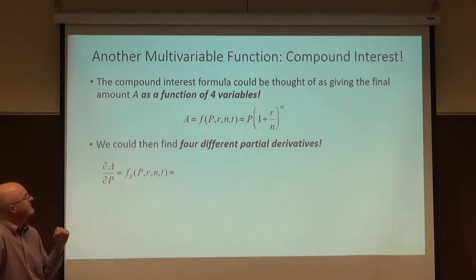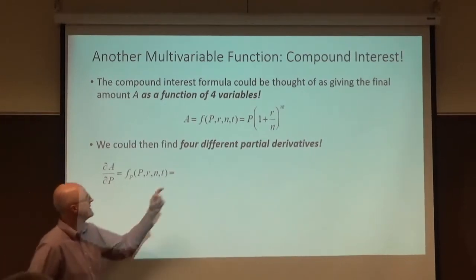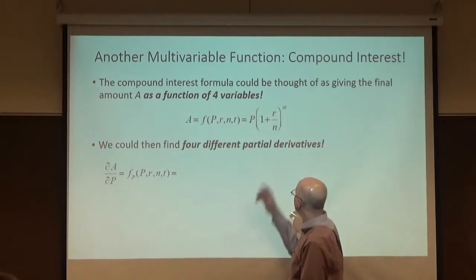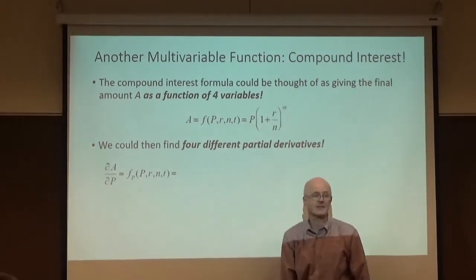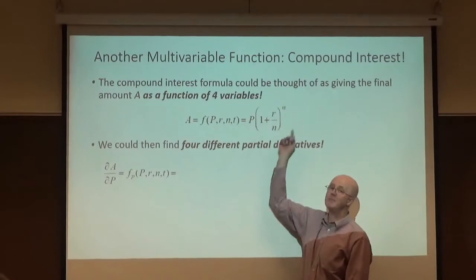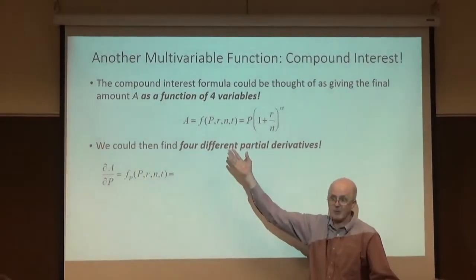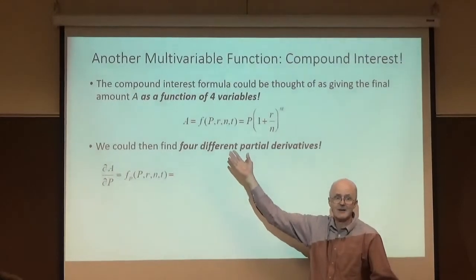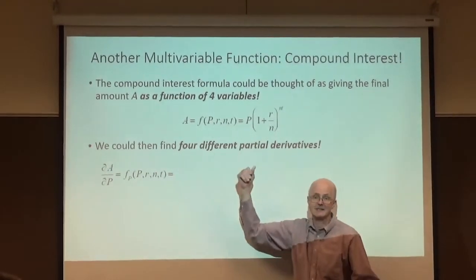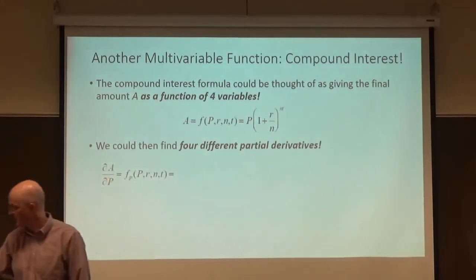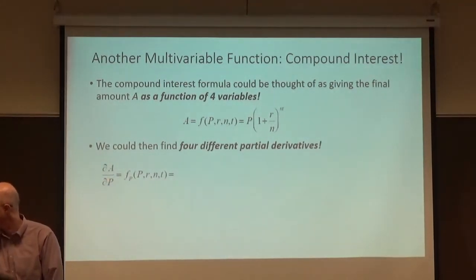What would the answer be? Differentiate with respect to p. Treat every other thing as a constant. Treat r, n, and t all as constants. This thing then is just one big constant. This is a linear function of p. In fact, it's a direct proportionality. A constant times p in that case, if you're imagining the other quantities as being constant, which is what you want to do when you take this partial derivative.